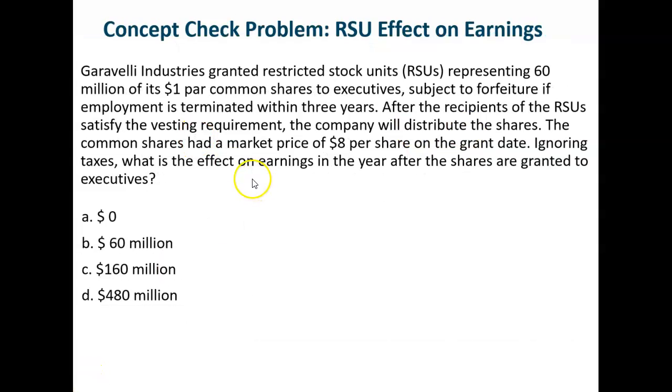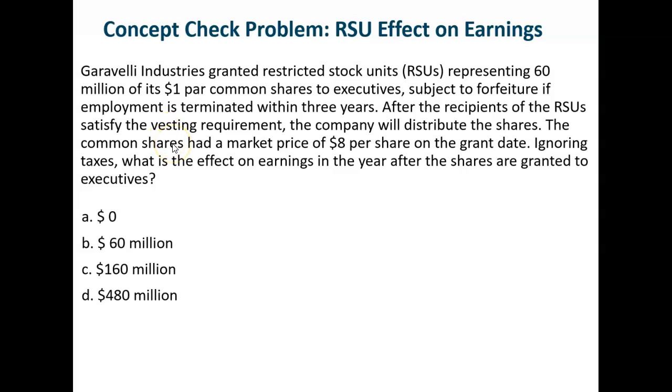Here's another problem for you. Garavelli Industries granted restricted stock units, RSUs, of 60 million shares of its $1 par value common stock to executives, subject to forfeiture if employment is terminated within 3 years. After recipients of the RSUs satisfy the vesting requirement, the company will distribute the shares.